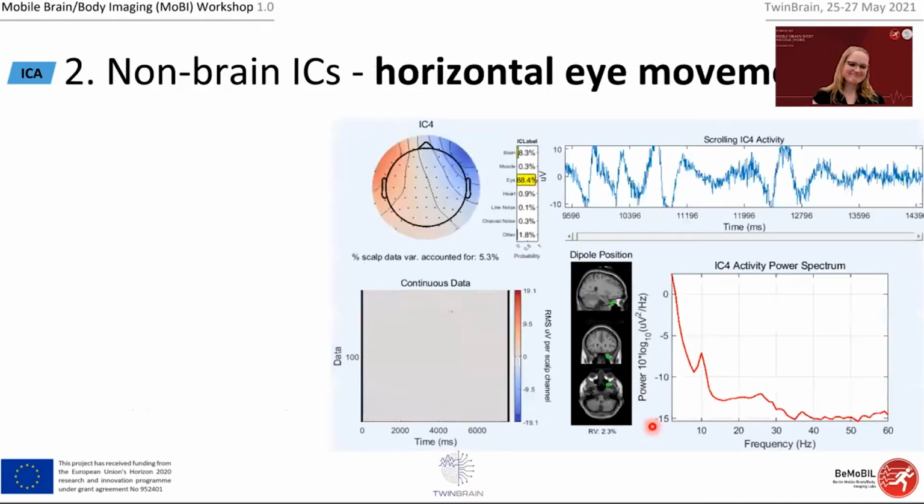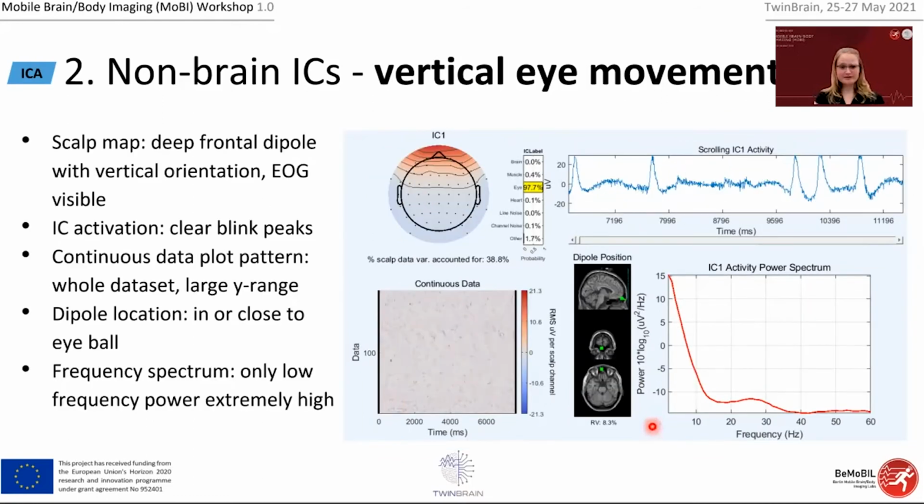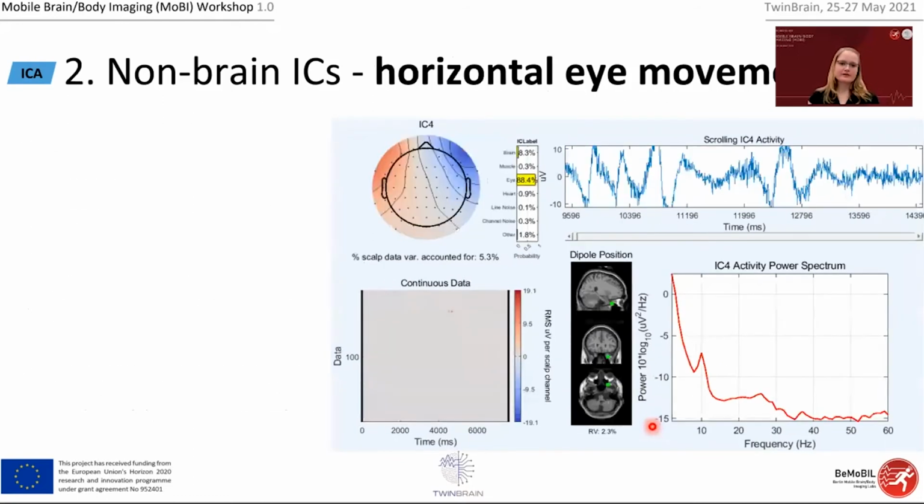So that is just for the vertical eye movement. For the horizontal eye movement, they're usually also pretty much in the front. For the data sets we shared, it's not the secondary one, but often it's even IC2.